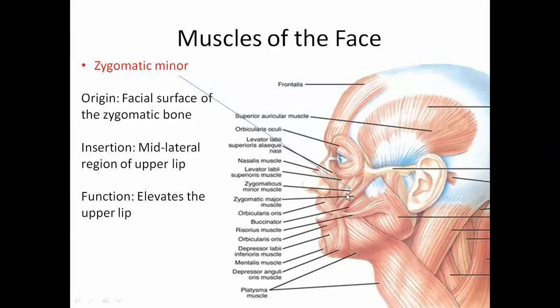Now don't get levator labii superioris, which is right here, and zygomatic minor mixed up. They both have the same function. They both elevate the upper lip. However, zygomatic minor is more lateral compared to levator labii superioris.